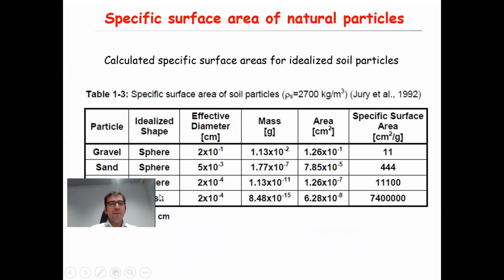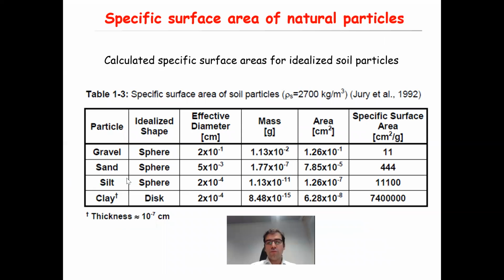This is a table that gives you typical values. Of course, they are average values, just to give you an idea about the numbers. They calculated the specific surface areas for idealized soil particles. For gravel, sand, and silt, you can assume they are spherical, and then you can use the equation that was given in the previous slides.